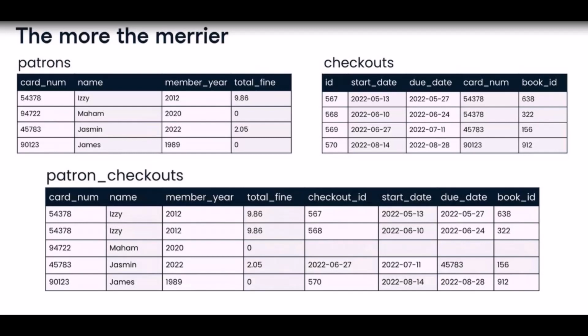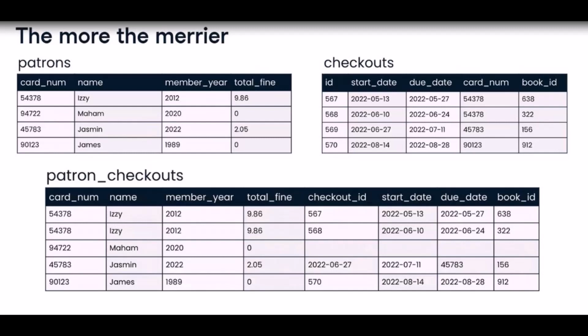Take a look at the patrons and checkout tables. Now let's take note of this. Having more tables, each with a clearly marked subject, is generally better than having fewer tables where information about multiple subjects is combined.